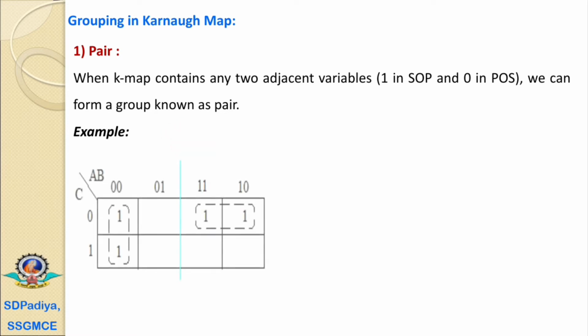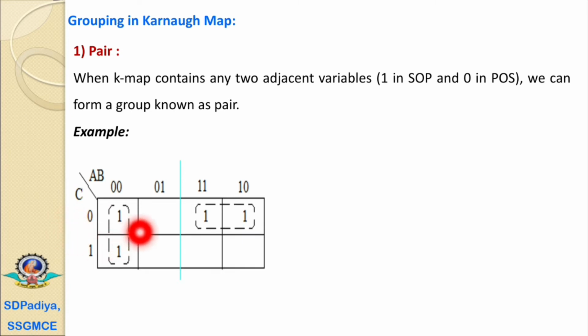For example, suppose we have this 8-cell K-map for the 3 variables A, B, C. As per the construction of the K-map, we have 4 columns. We have defined these 4 columns as 00, 01, 11 and 10. And on the row side, we have the values for C, that is 0 and 1.